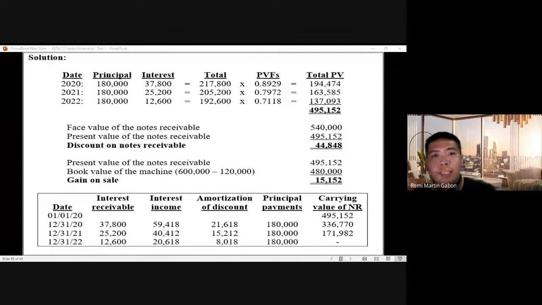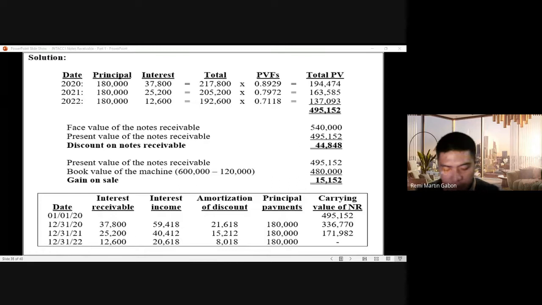Okay? Now, 21,618 idagdag or i-add sa 495,152. Magkano yung lalabas, guys? Calculator warriors. Compute.